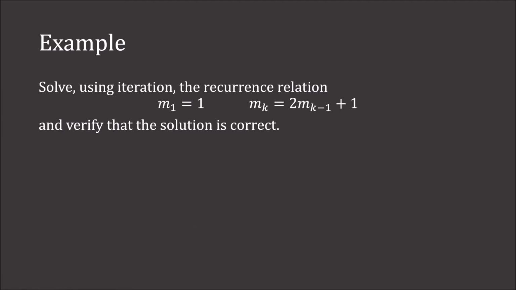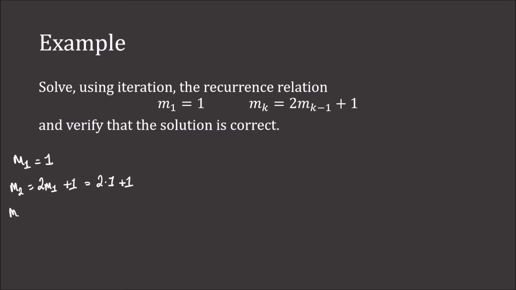So we start as we have before. We start with m sub 1. Now m sub 2 is 2 m sub 1 plus 1, so it's just 2 times 1 plus 1.